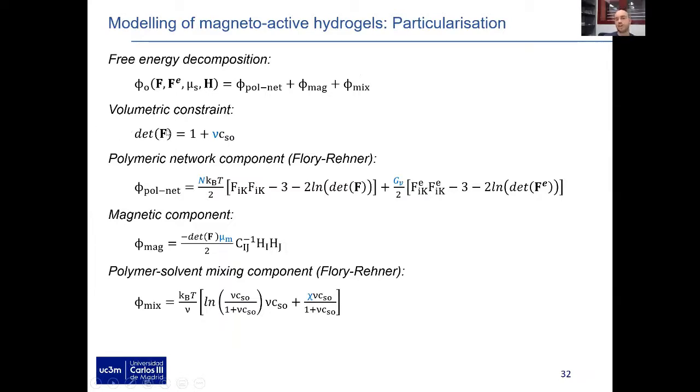We are saying our polymeric network can be assumed as incompressible, and then the changes in volume are going to be associated with the solvent inside: the concentration of the solvent times the volume of the solvent molecule. So depending on the solvent concentration, we determine the volumetric response.